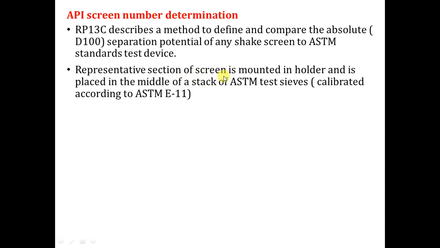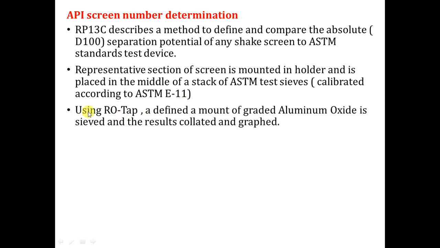A representative section of the screen is mounted in a holder and placed in the middle of a stack of an ASTM device calibrated according to ASTM E11. We put the screen in the holder, and using a Ro-Tap, we put a defined amount of graded aluminum oxide in the sieve.